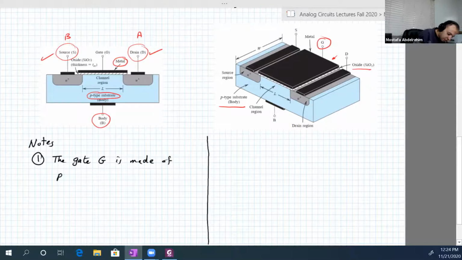It is still a conductor, so it can be used. What we need is a conductor. So nowadays they fabricate it out of polysilicon, not metal.